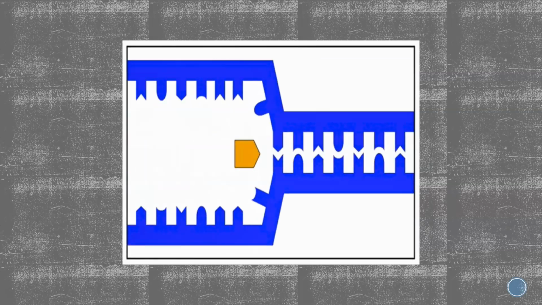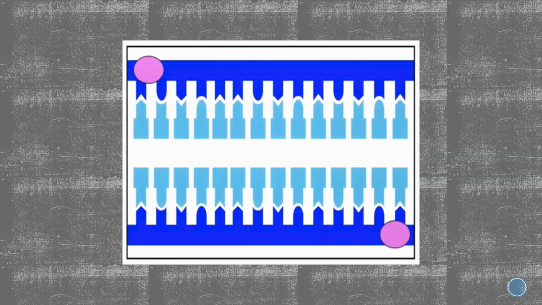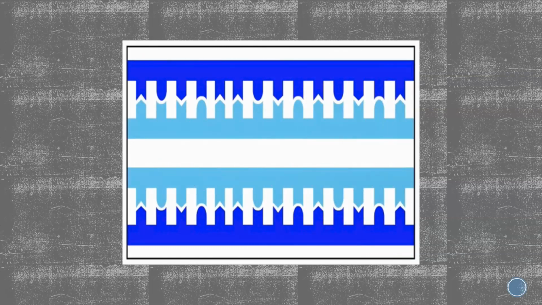So you've got the helicase unzipping the DNA, in come the free nucleotides, and the DNA polymerase then links all those free nucleotides together.